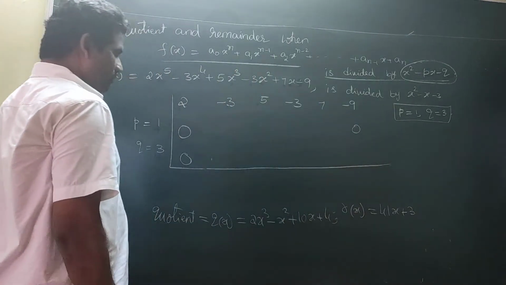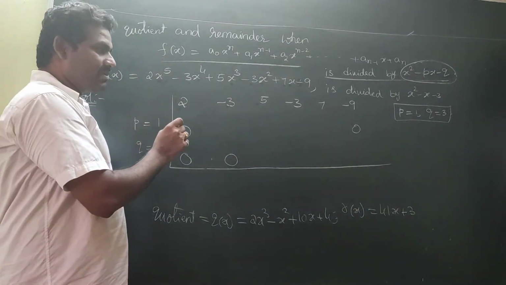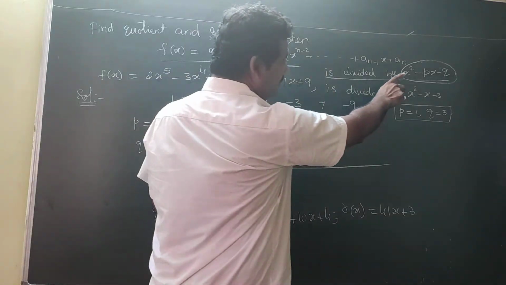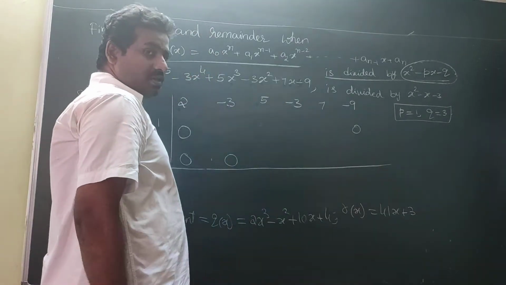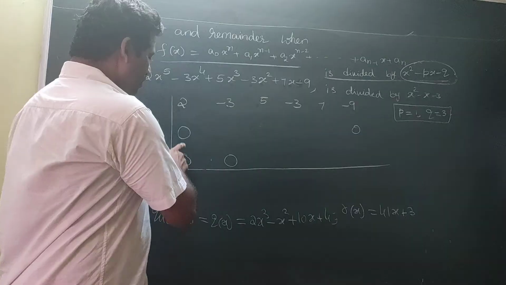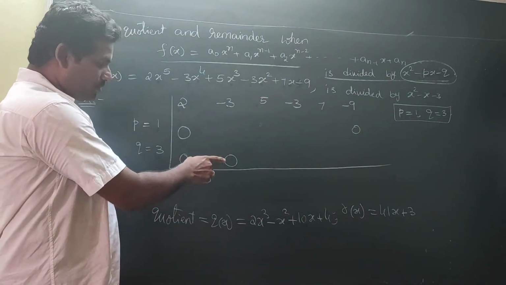So this is the starting step of the synthetic division when we are dividing with the quadratic polynomial. So p equal to 1, q equal to 3. Always you should compare with this only. Right. First 0, last 0. And here second row, first 2 are zeros.